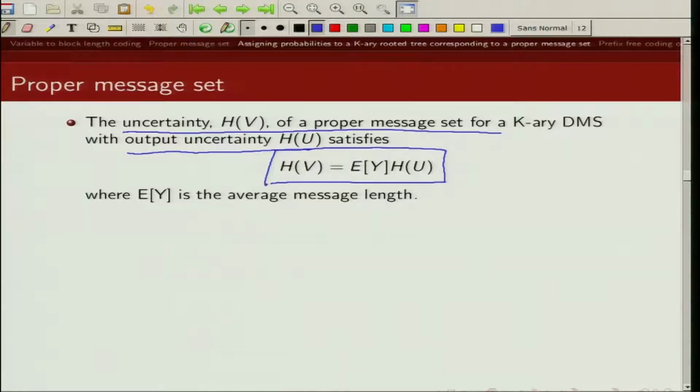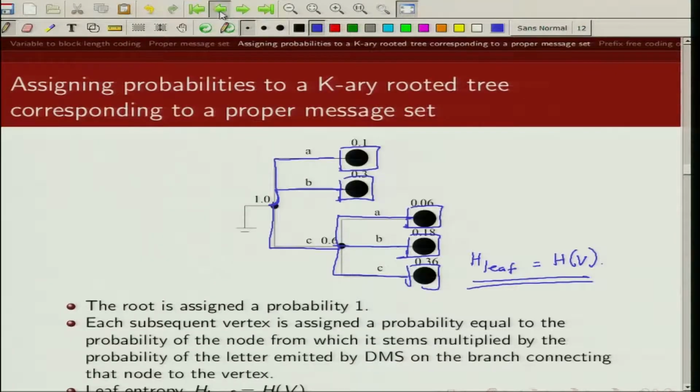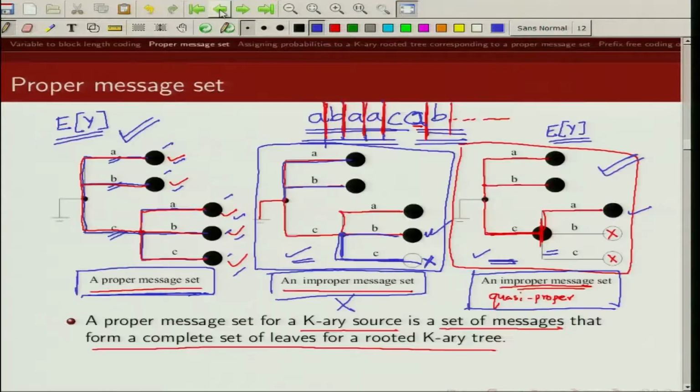The uncertainty in the output of a message parser, which is V, is given by the expected value of Y into the uncertainty in the query discrete memoryless source output, which is denoted by U. So again, just go back and recall what our U's and V's are.